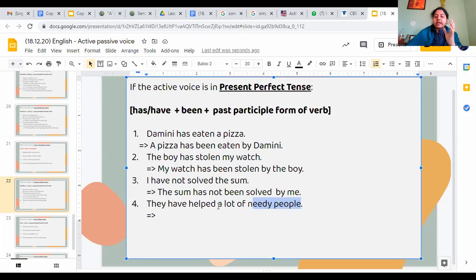I have to consider everything together. So a lot of needy people becomes my whole object. A lot of needy people have, because it is plural, have been helped, the third form, by, and them comes, they becomes them.